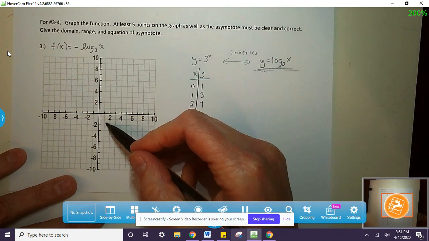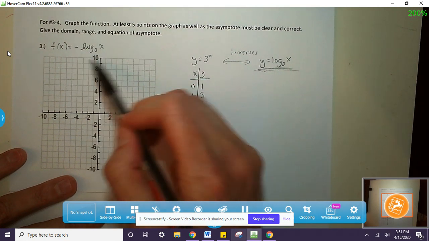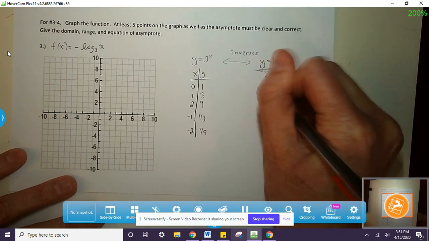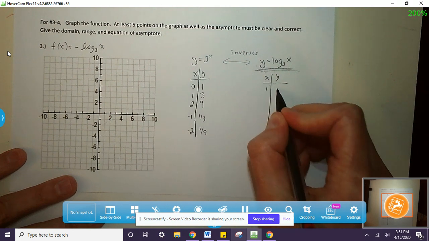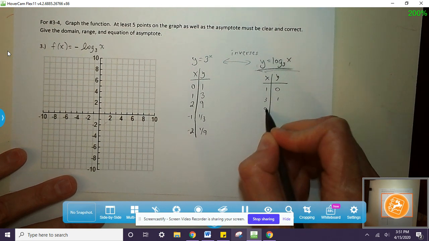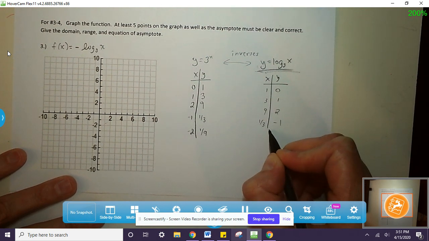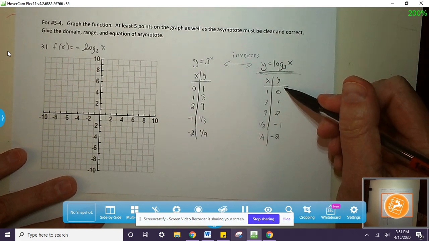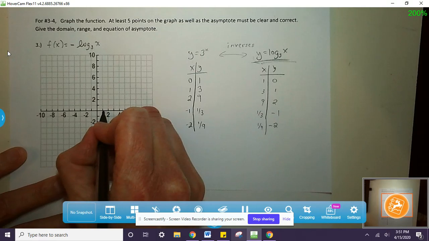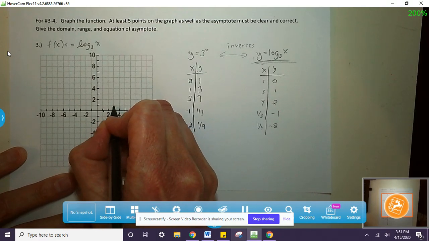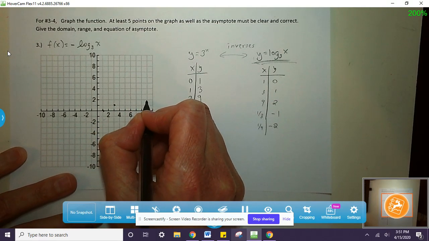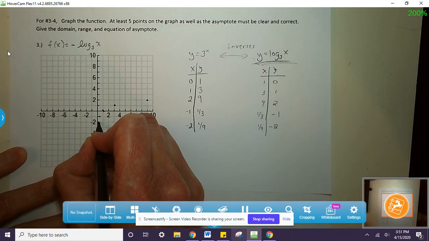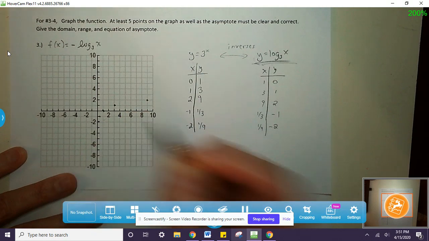Now I don't want to plot those points because I'm not doing the exponential graph, I'm doing the log graph. But the reason I took those points is so I could flip the x's and y's. And then plot these. So I'm going to plot (1, 0), (3, 1), (9, 2), estimating where (1/3, negative 1) would be, and estimating where (1/9, negative 2) would be.